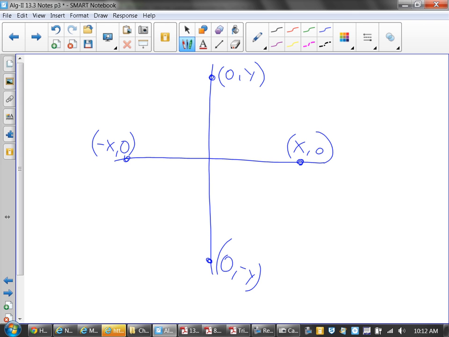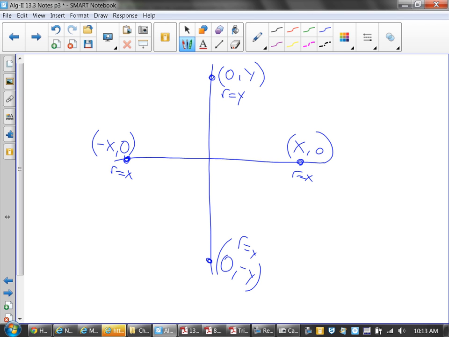Yes, sir, even if it is a negative x, r will still be positive. Correct. And the idea is that r is always going to be positive, because r is developed from the Pythagorean theorem. When you work with the Pythagorean theorem, will your hypotenuse ever be negative? It's never going to be negative. Same thing with the radius. Your radius is never going to be negative either. So your r value is always going to be a positive value.